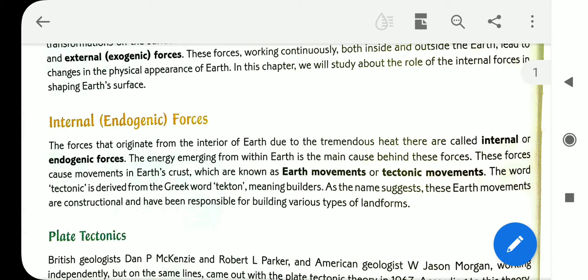Then, as we know, inside the earth it is very hot, and molten magmas are present inside the earth. When these tectonic plates are moving, sometimes there are collisions with each other, and as a result earthquakes happen.